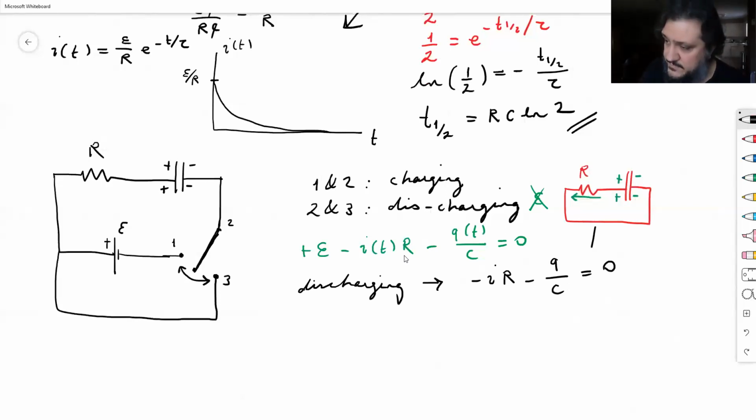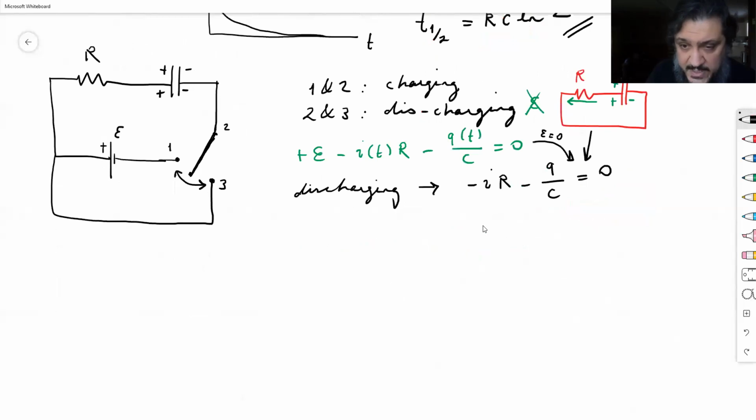So from the general equation, by taking E equals 0, I arrived at this. This is the equation I'm going to solve now for the discharging phase. So now we're interested in what's happening after this point.